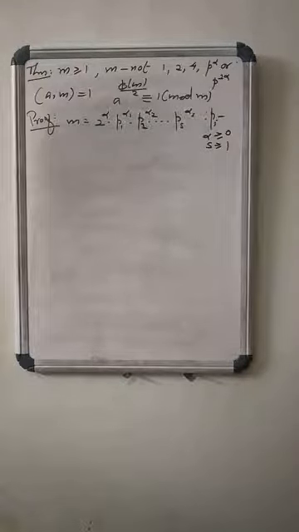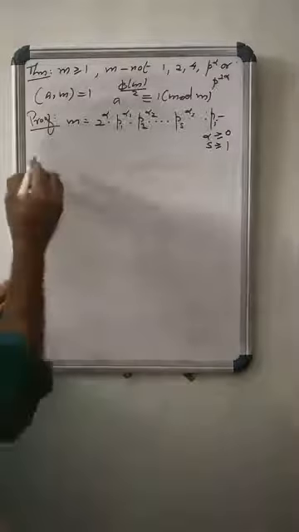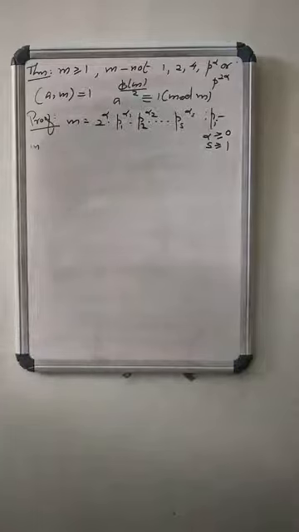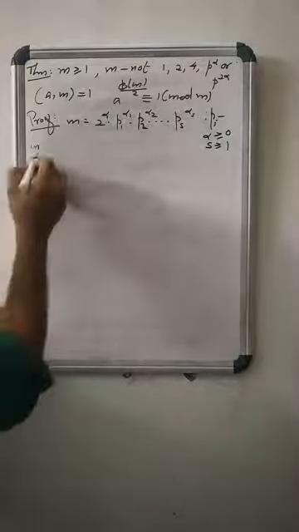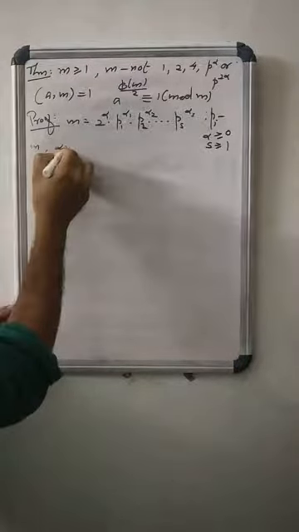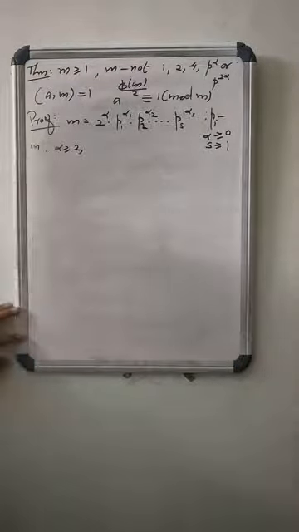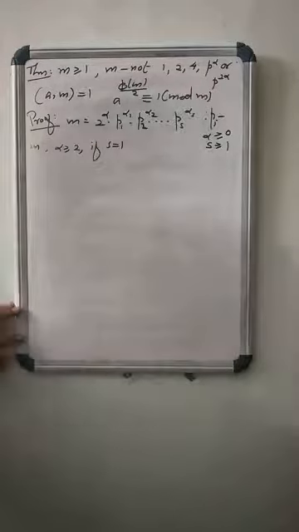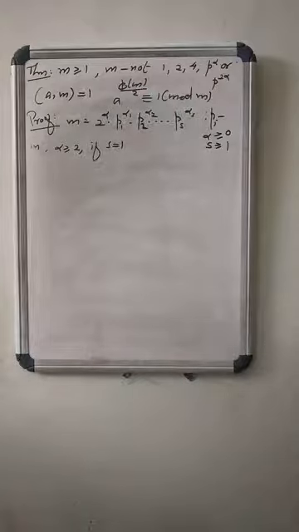Clear? Since m is not of the form 1, 2, 4, p power alpha or p power 2 alpha, that is our hypothesis, what happens when alpha is greater than or equal to 2, and s equals 1? If s equals 1 and alpha is less than 2, what happens?